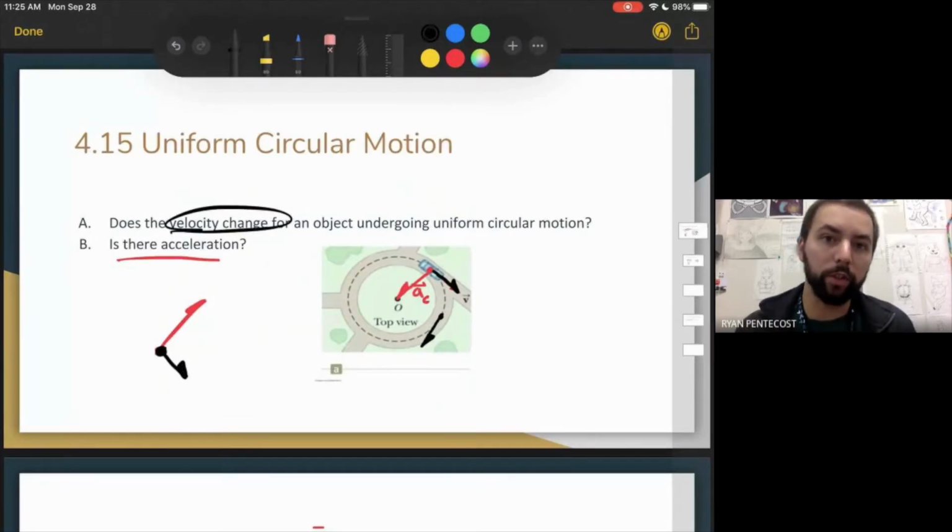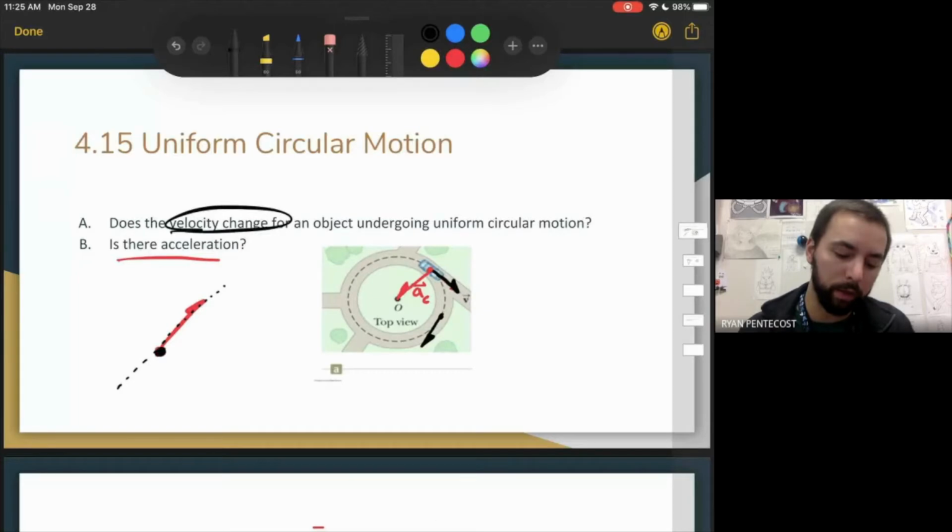Now, that will change the direction of that arrow, but that doesn't mean that it's going to change the magnitude, right? To change the magnitude of that vector, you would want to be in the same plane. So if this vector is at an angle, right? It is not at a 90-degree angle.